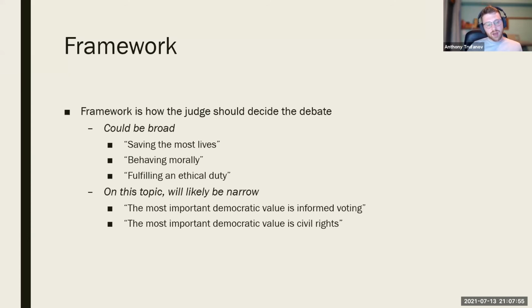So on this topic, the framework debate will be pretty narrow. So it'll be, oh, maybe the most important democratic value is informed voting, or maybe it's civil rights, or maybe it's activism, right? So all of those are potential framework arguments that the teams will use to try to get the judge to vote for their side instead of their opponent.